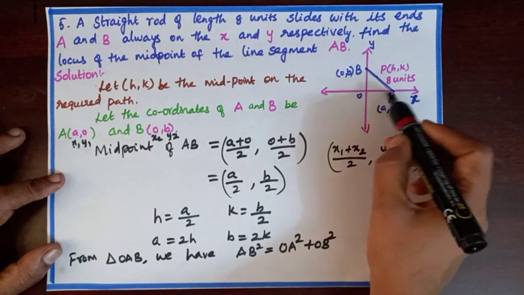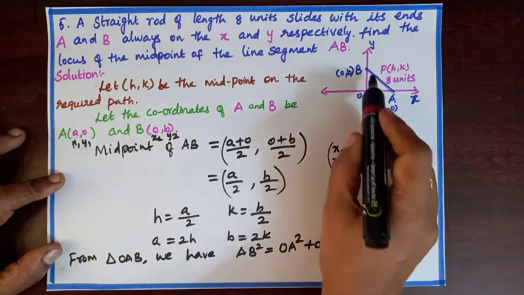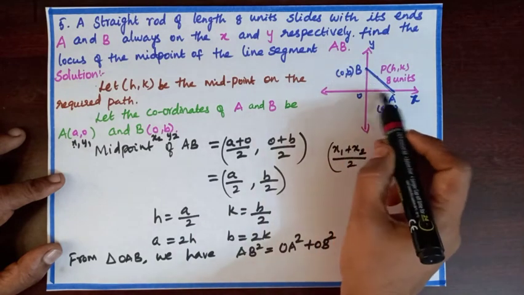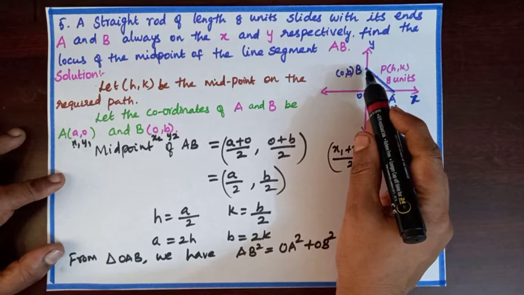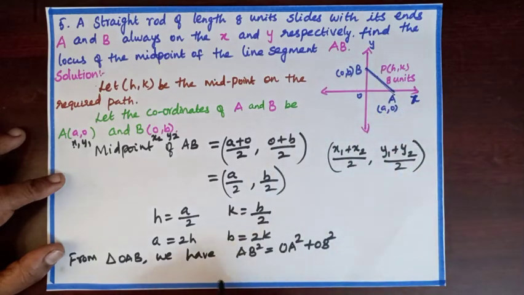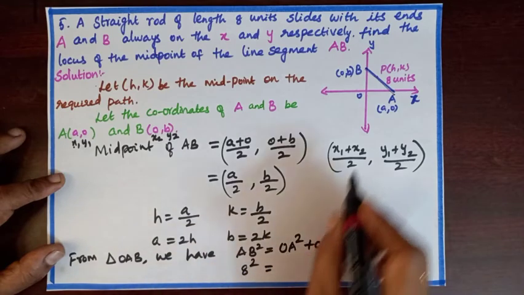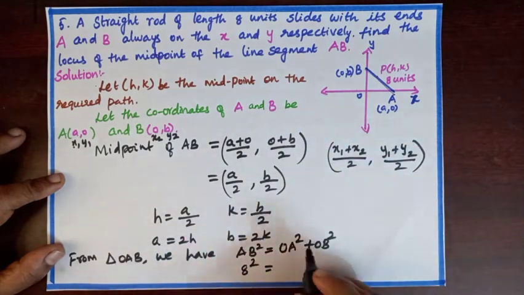From triangle OAB, we have AB square equal to OA square plus OB square by using Pythagoras theorem. AB square, the length is 8 square. OA square, a is 2h, so 2h the whole square.